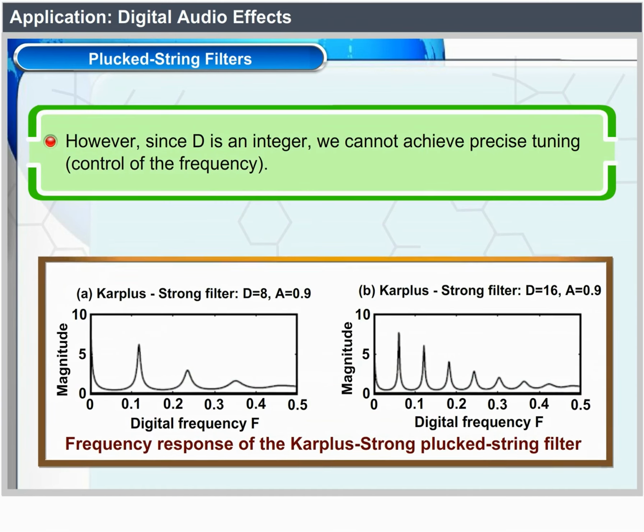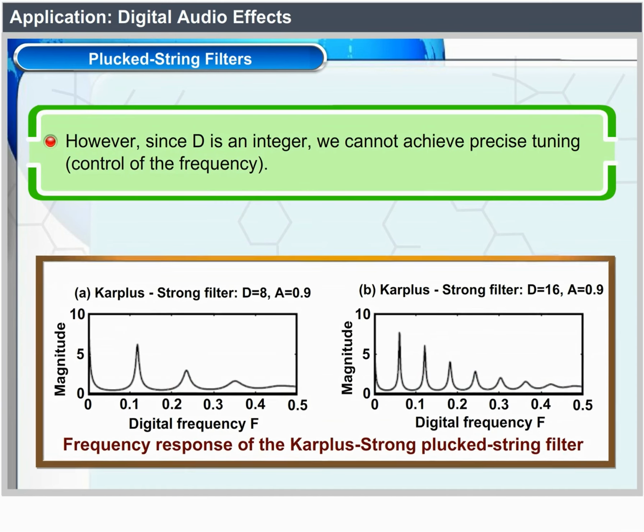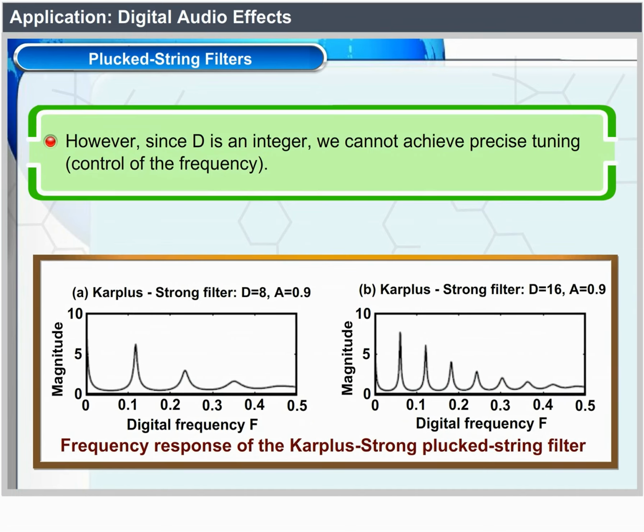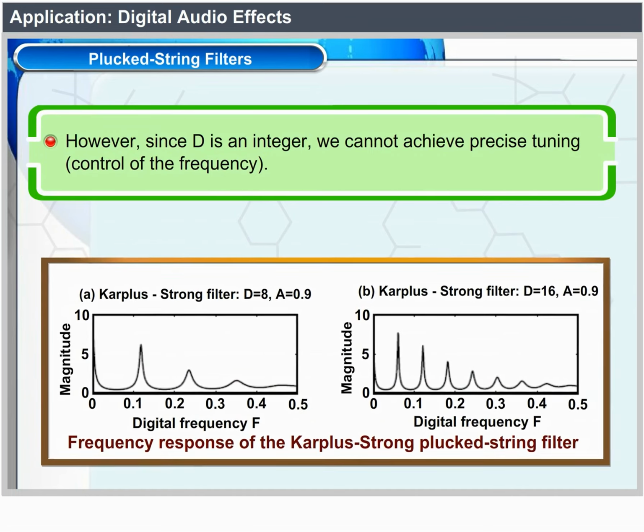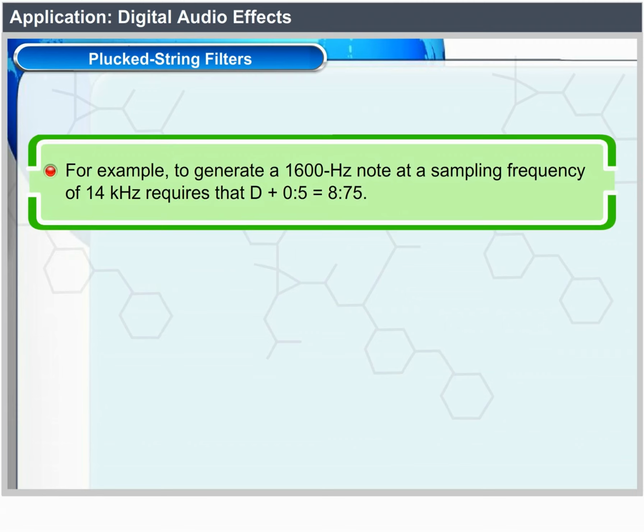However, since D is an integer, we cannot achieve precise tuning control of the frequency. For example, to generate a 1600 Hz note at a sampling frequency of 14 kHz requires that D + 0.5 = 8.75.